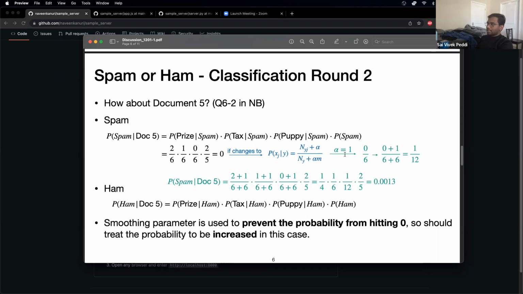Now we add alpha, if alpha equals 1, we are adding 1, so 0 plus 1 by that value 6. 6 is the total number of instances that we have in that particular category. In the spam category, the total number of instances, that m value, equals 6. So the total value will be 1 by 12.